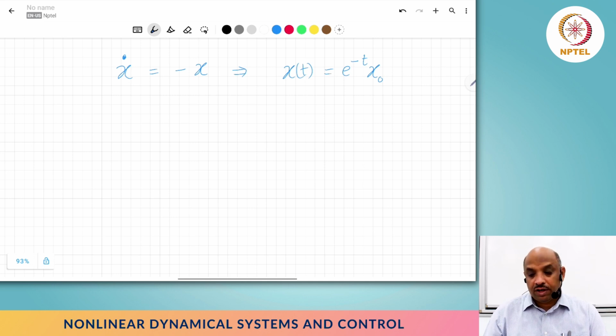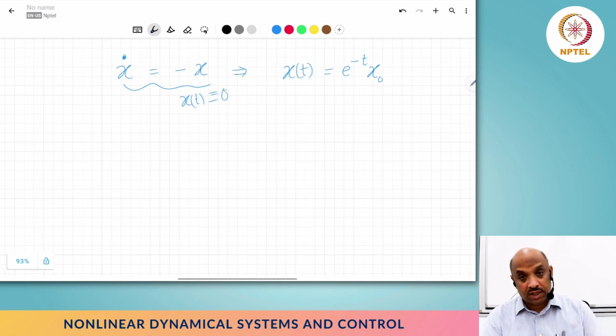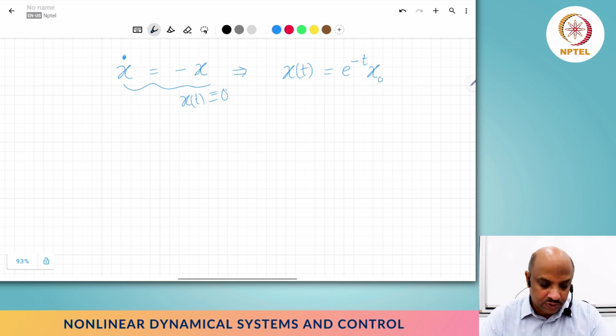What are we trying to show? Clearly the only equilibrium point is the 0 solution. That means if you start at 0, it will remain at 0 forever. So we are trying to see if this 0 solution is Lyapunov stable, perhaps asymptotically stable, perhaps exponentially stable.